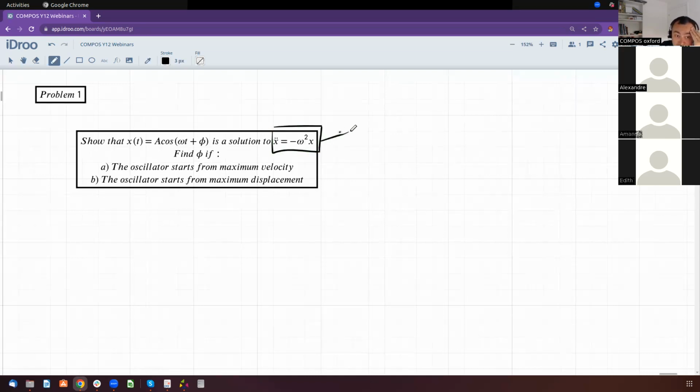In a normal equation, you're looking for the value of the unknown. Here, you're looking for the unknown function. X is the unknown function.